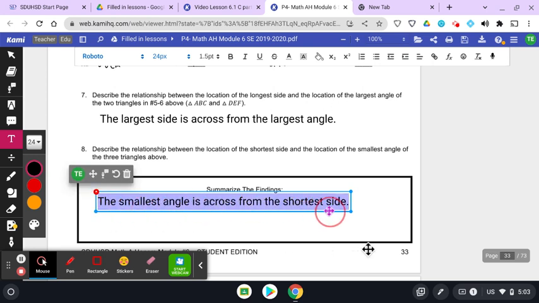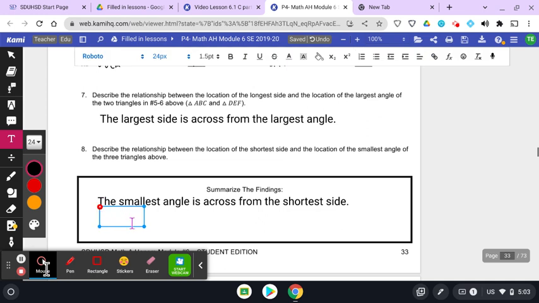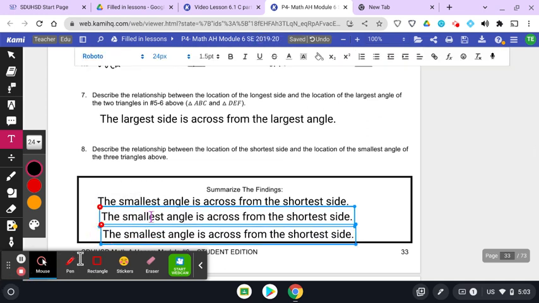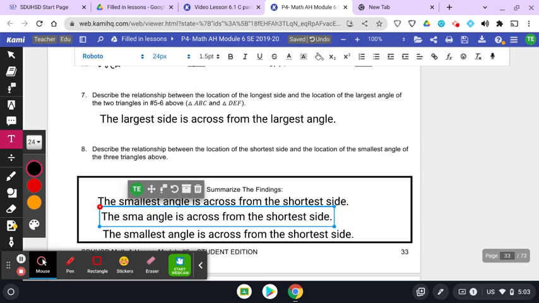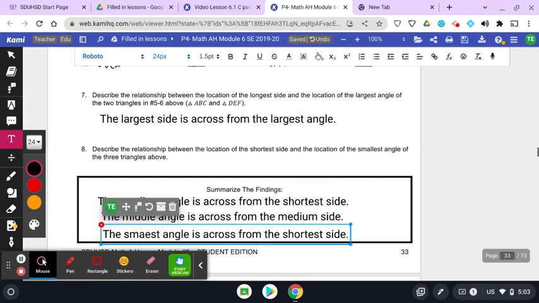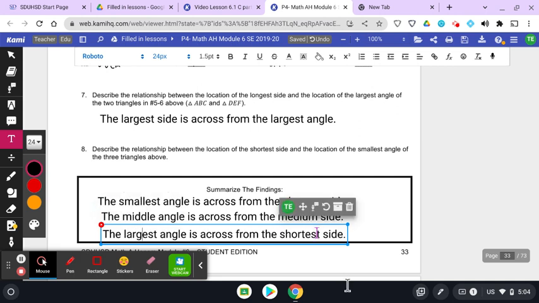The joy of being on a computer. The middle angle is across from the medium side. And the largest angle is across from the longest side.